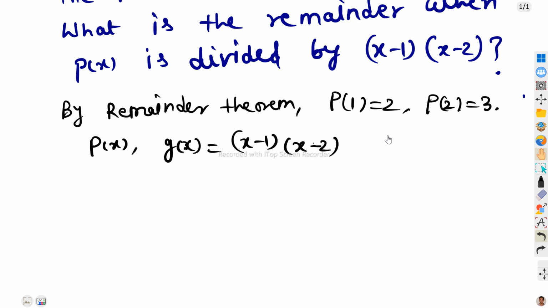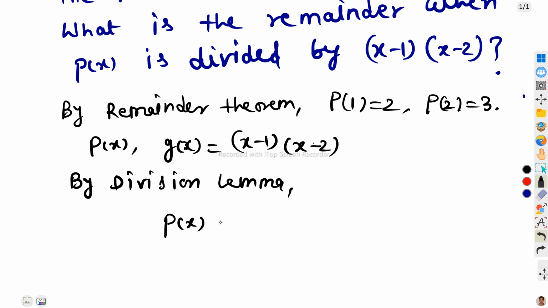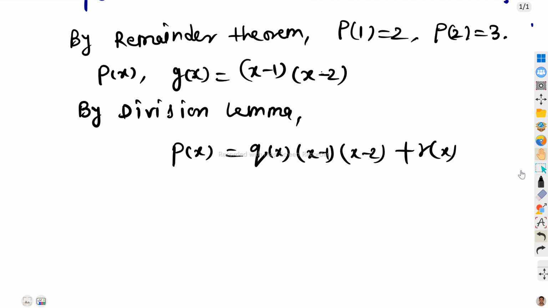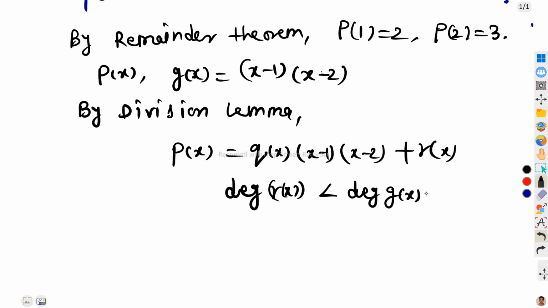Since g(x) is a quadratic polynomial, r(x) must be a linear polynomial.